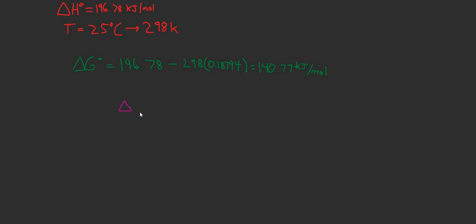If your reaction has a delta G greater than 0, you have a non-spontaneous reaction.